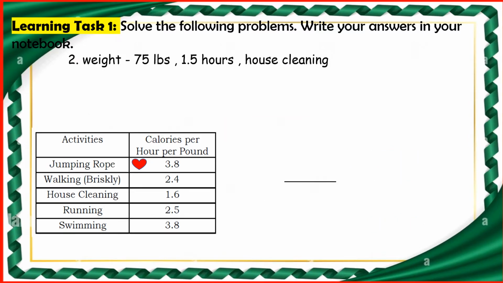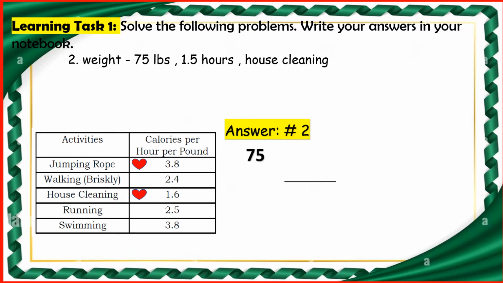Okay, so for number 2, we have 75 pounds for the weight, then 1.5 hours, and the activity is house cleaning. Let us answer number 2. For house cleaning, the calories per hour per pound is 1.6.